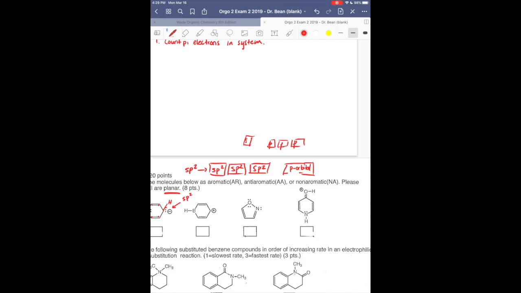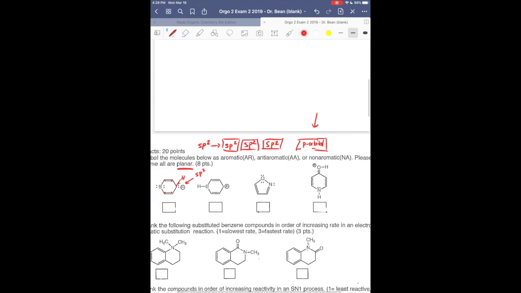If these formed a hybrid to make the sp2s that we see below, then that final p orbital stays unhybridized, stays on its own, and that's the unhybridized p that I am talking about down here.